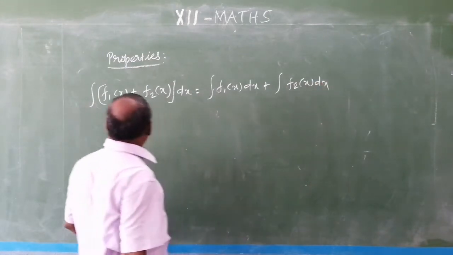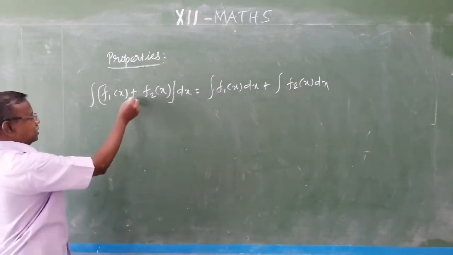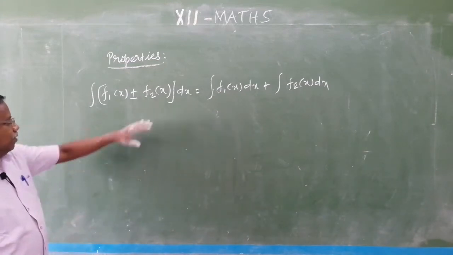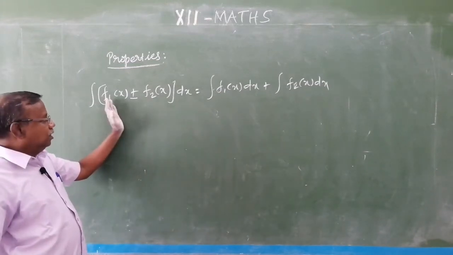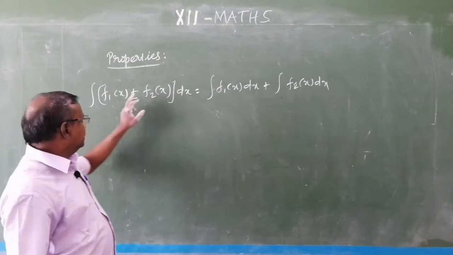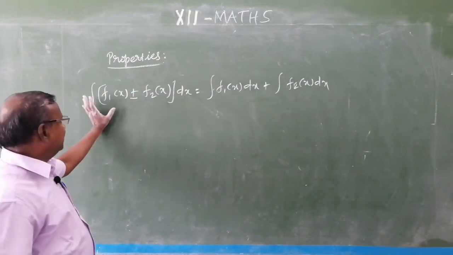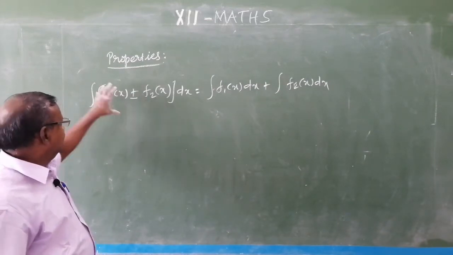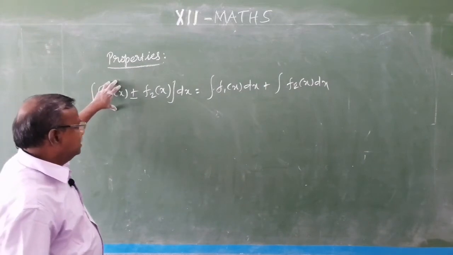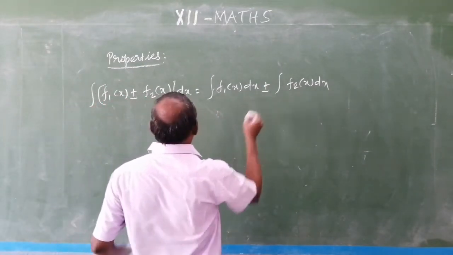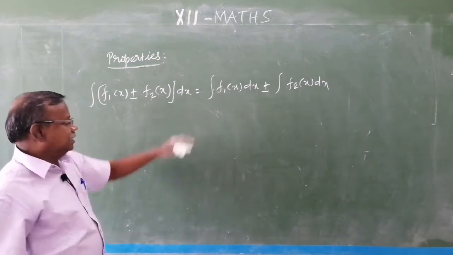That means when two functions are in the form of addition and subtraction, and the algebraic operation is only addition and subtraction, we can separately integrate each function, that is integral f1 of x either plus or minus integral f2 of x dx.